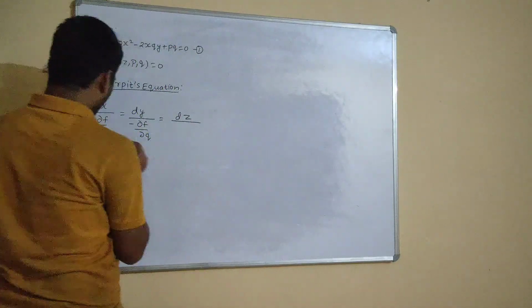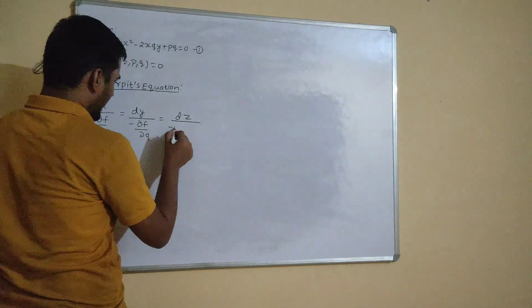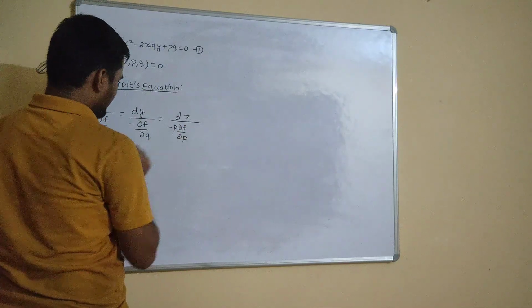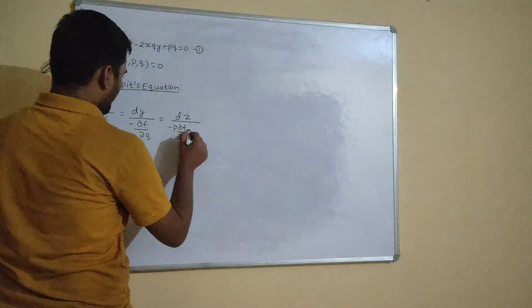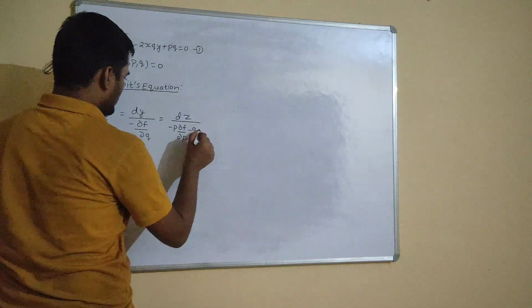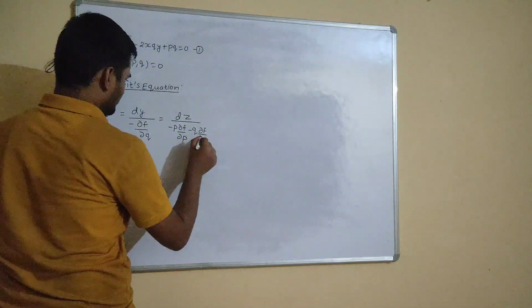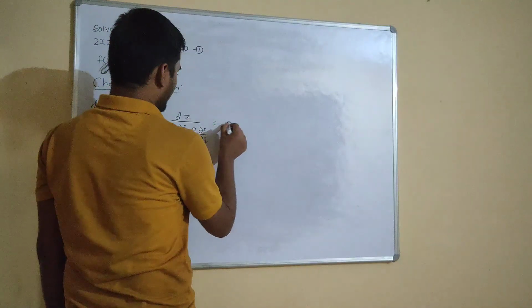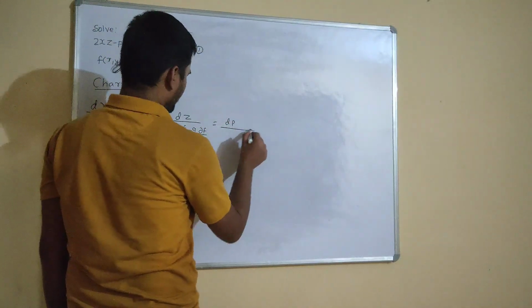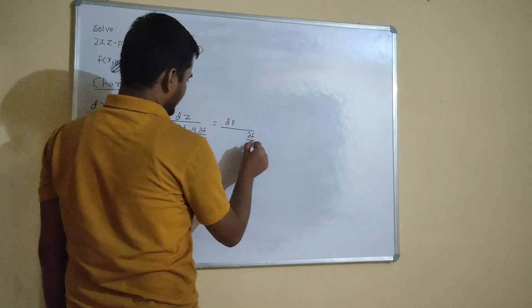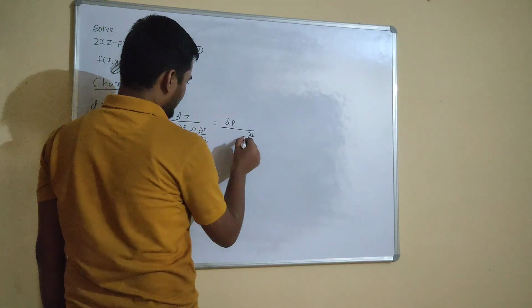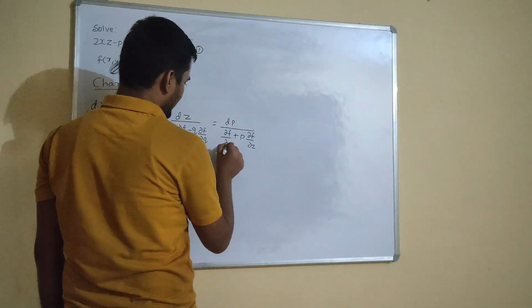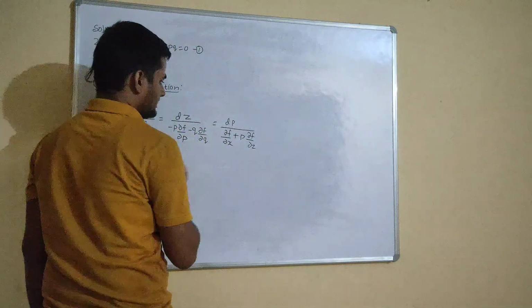dz divided by, multiply this by p, so minus p del f by del p, minus q del f by del q. Next one is dp divided by, here del f by del x will definitely come, because here we have p, so multiply by p, because p has affinity towards x, so del f by del z.